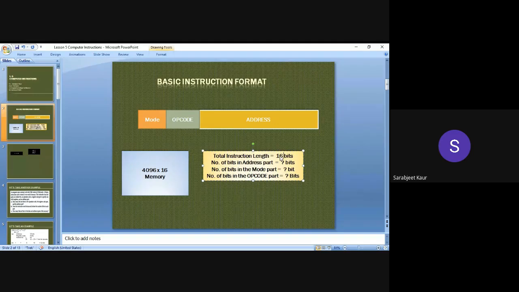Now, what are the number of bits in the address part? So Nandini, please focus. This is one of the doubts that you raised to me. Yes or no, Nandini? Yes, ma'am. Okay. So how to calculate this address part? I have done this with you earlier. Let me just look. I'll just share that PPT with you. Please, this is for everybody who is still facing a problem in this concept.